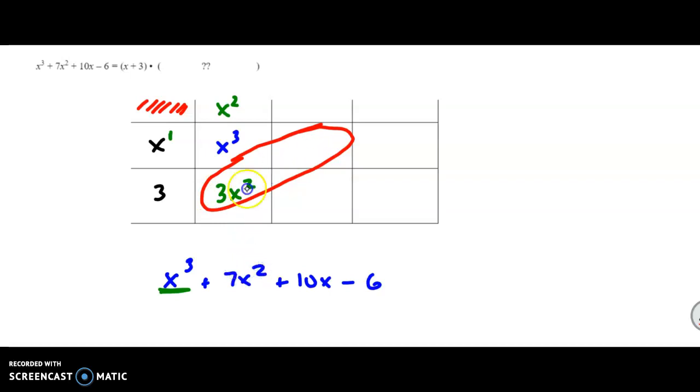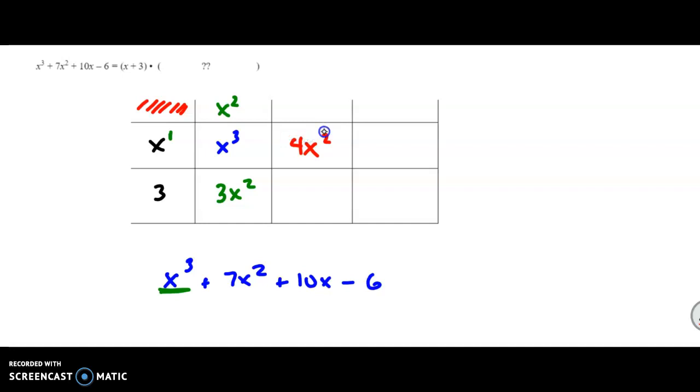So what plus 3 has to be 7? That's got to be 4, okay? So 4x squared. Now if you need to pause here and take a moment to think about that, or just rewind and listen to that over again, please do that, all right? 4x squared plus 3x squared is 7x squared, right? So that's why this has to be 4x squared.